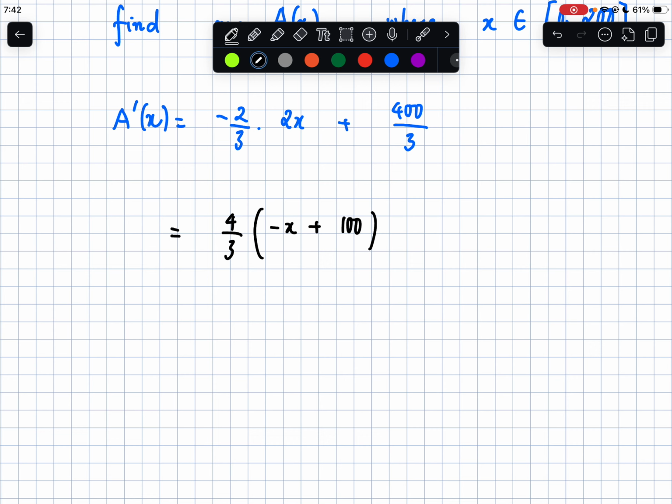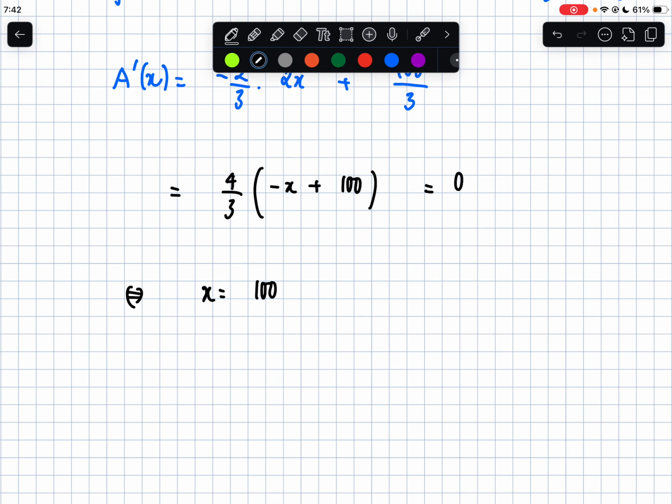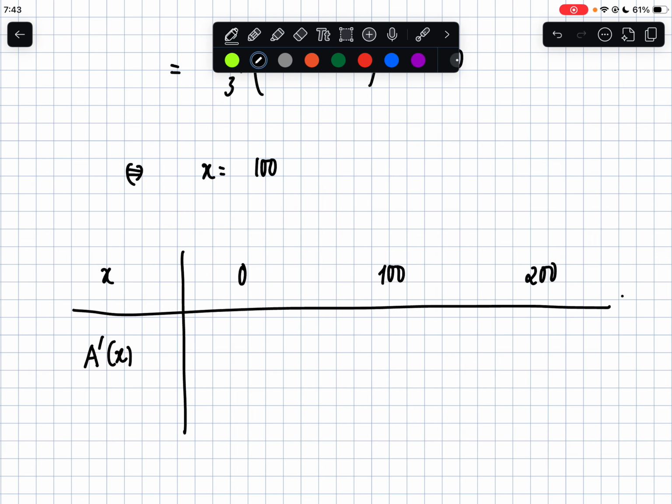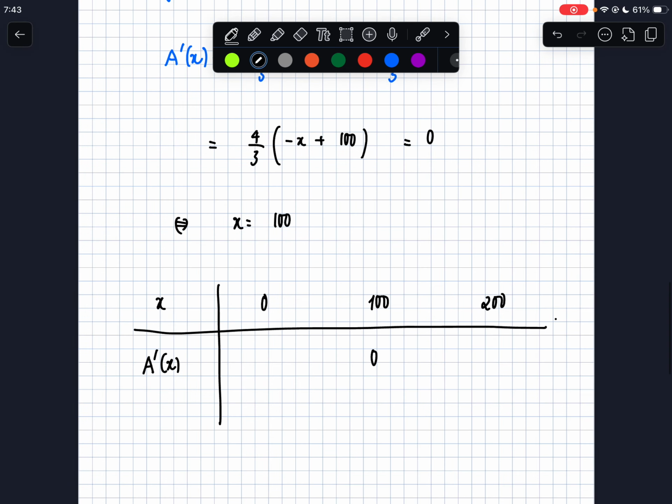This equals 0 if and only if x equals 100. So we have only one critical point for x between 0 and 200. Our critical point is 100. A prime of x equals 0 when x equals 100.